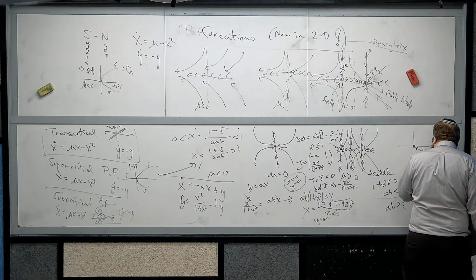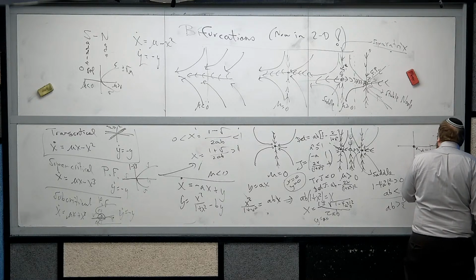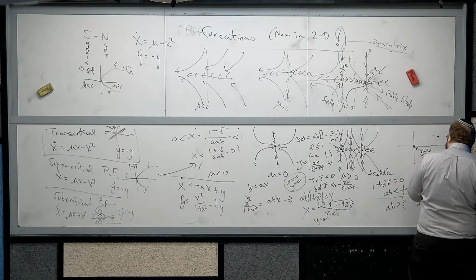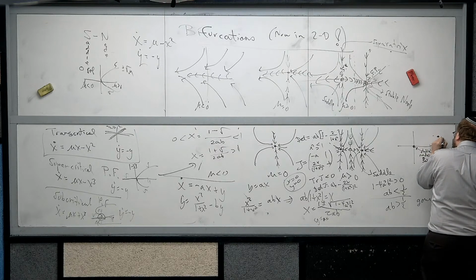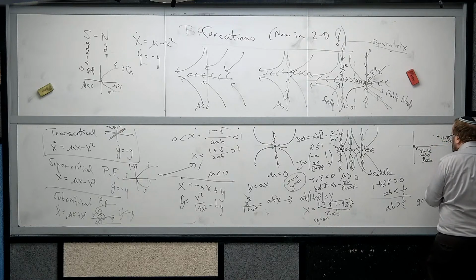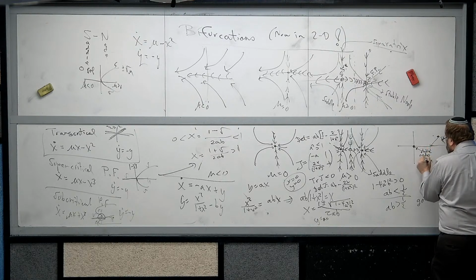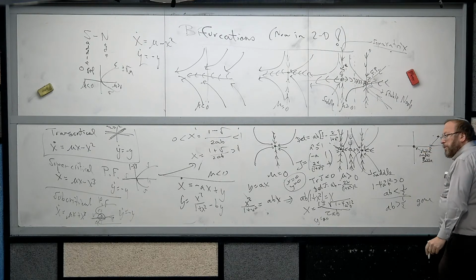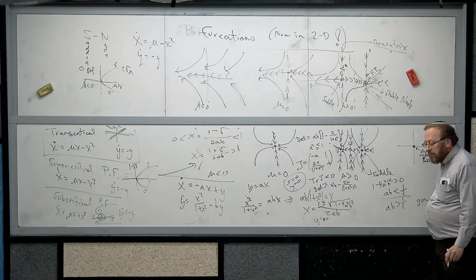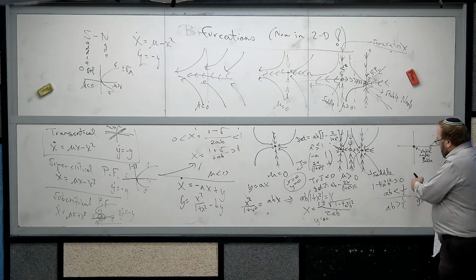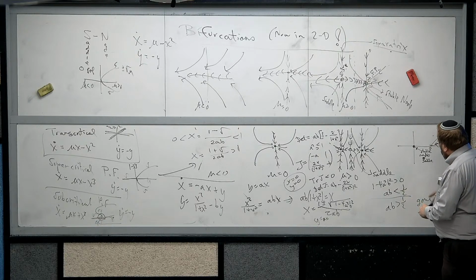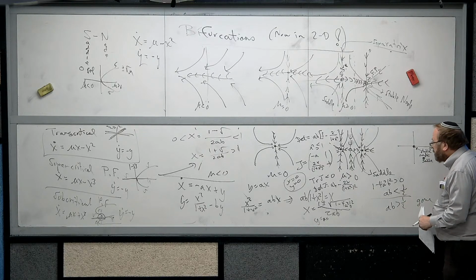This is a saddle. So this is a stable node, and this is a saddle, and as you take AB toward a half, these two come together and blow up, and this just sits here and does nothing. This is the saddle node being born as AB goes through a half.